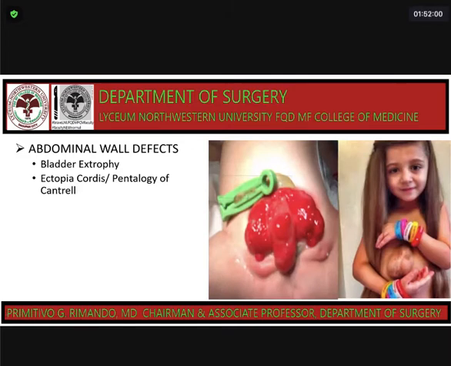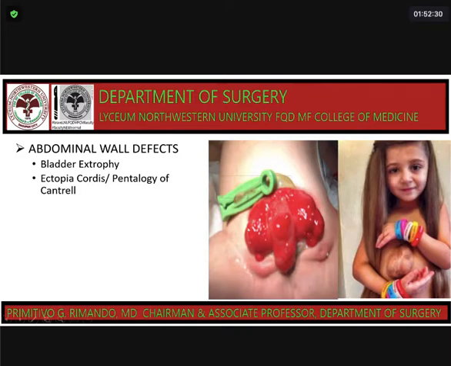These are your very complicated abdominal wall defects. The first one here is called your bladder exstrophy. What happens is the anterior abdominal wall is absent in this patient. That's why the bladder actually opened up like that, so it's called a bladder exstrophy.